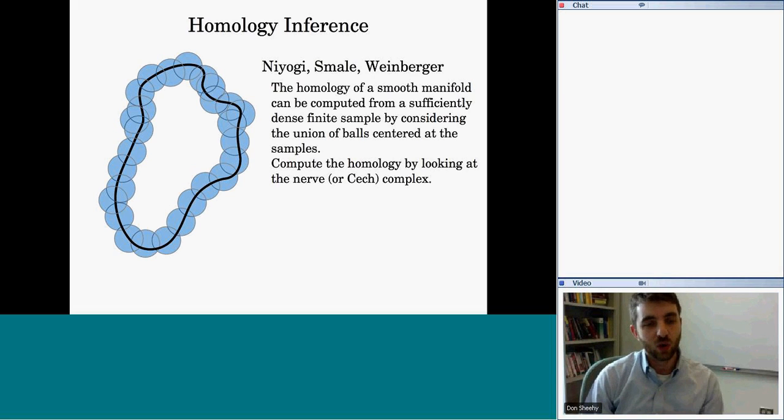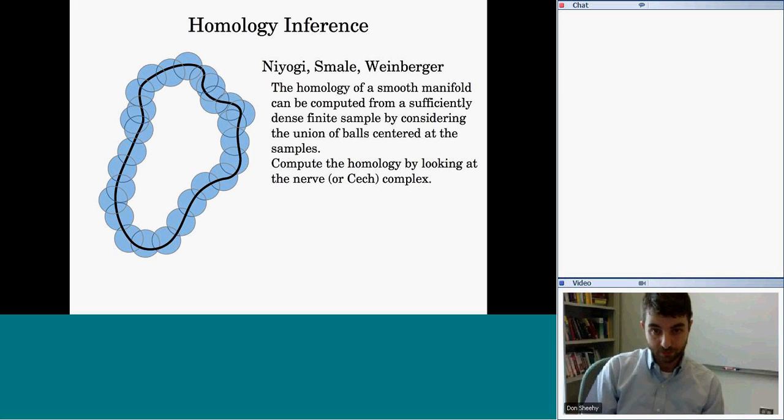You could have a hole or some kind of extra topological feature in the manifold at some scale that was smaller than your sampling. So they had to have some sampling conditions. And under good conditions on both the manifold itself and the density of the sampling, they show this union of balls has the homology, in fact, has the same homotopy type as the manifold itself.